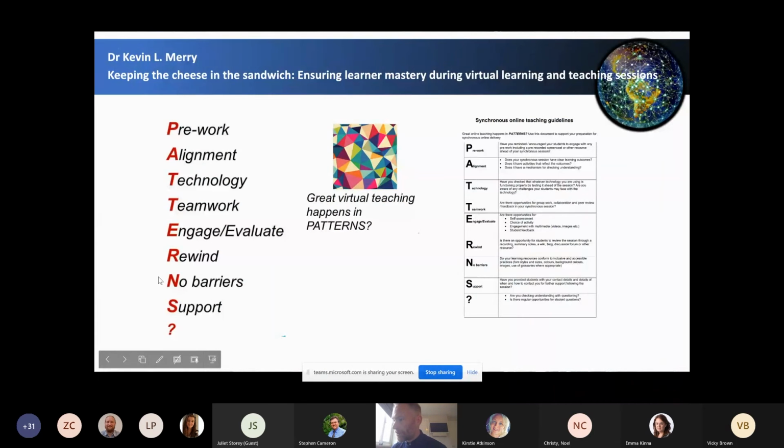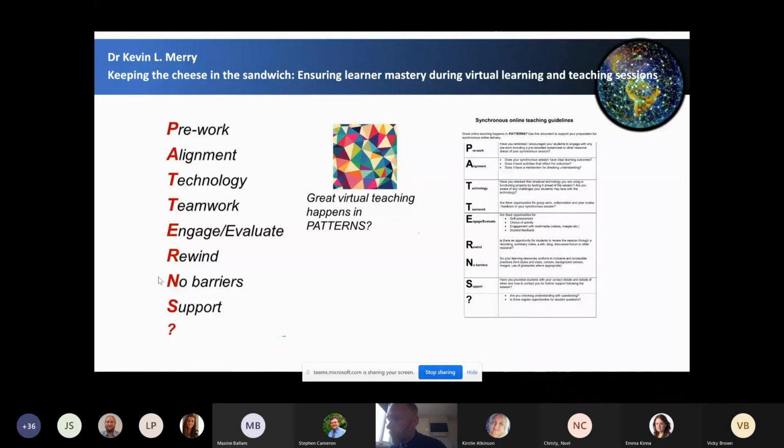So when COVID happened and teaching went online, we were concerned that colleagues would forget some of the underpinning ideas around the cheese sandwich as they grappled with learning how to teach online. We were concerned that they may resort to just providing didactic sessions without sticking to the cheese sandwich principles. So basically just replicating what they might have done in a face-to-face environment and just transferring it directly to an online environment.